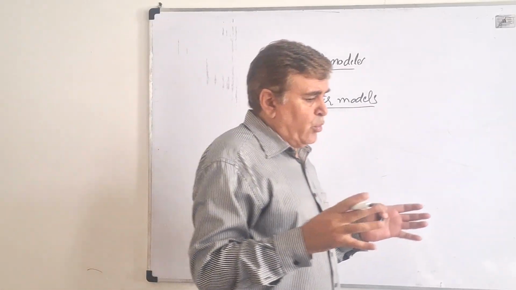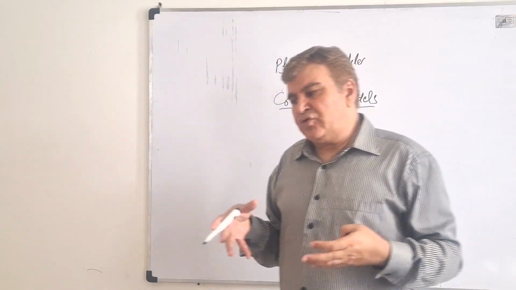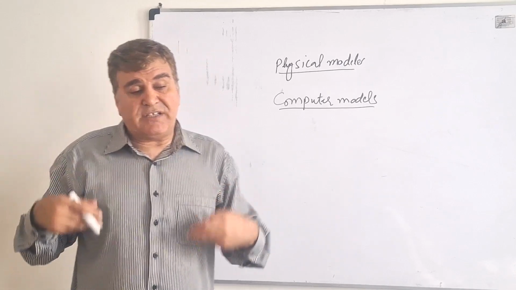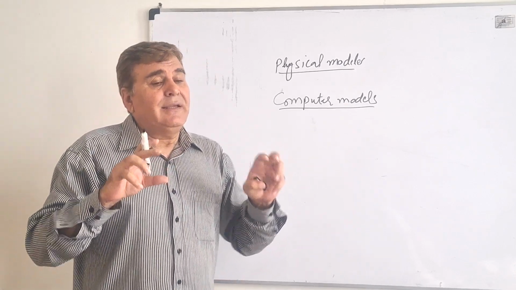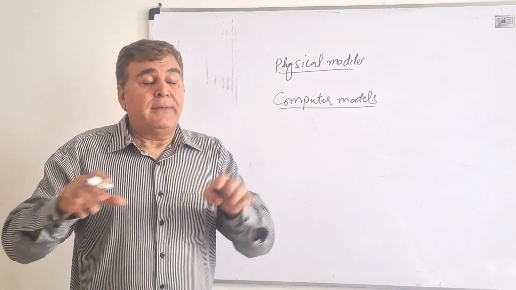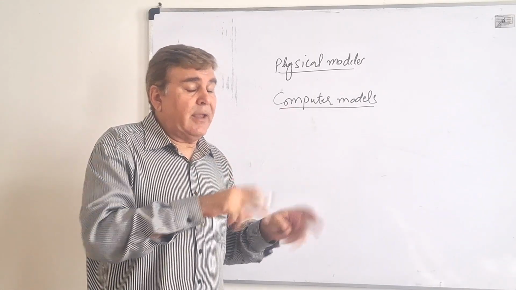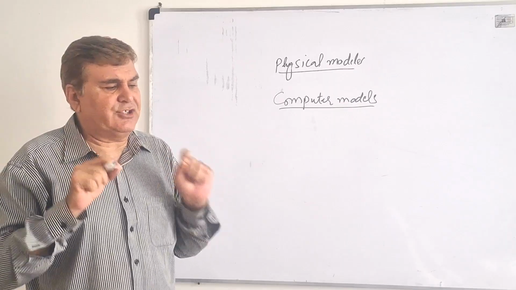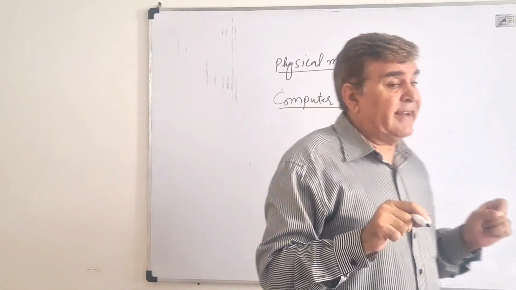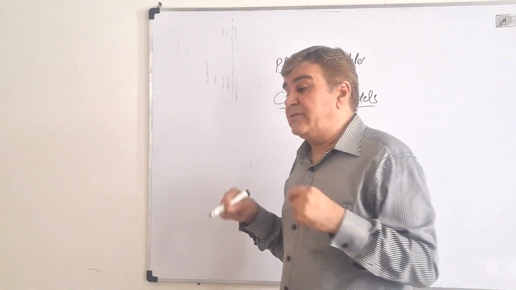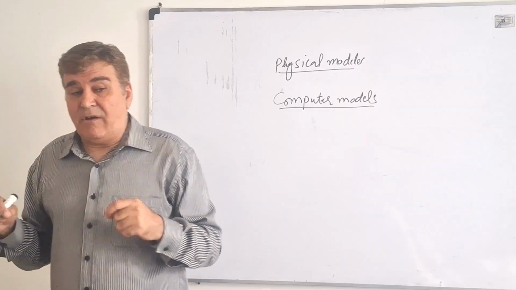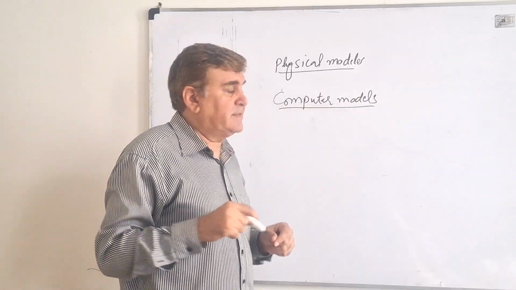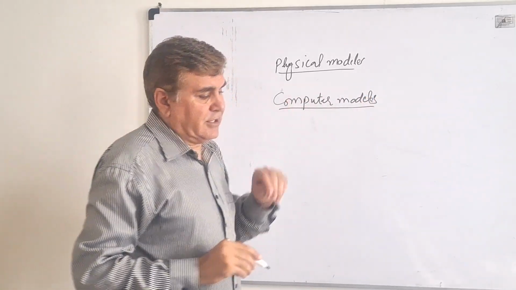For example, we model the human heart on a computer to study its different behaviors like the electrolytes, the beats, the circulation system. We visualize the human heart on the computer with the help of software in collaboration with hardware, but we cannot physically touch the heart. Such models that explain different behavior of certain events, of certain physical phenomena simulated on a computer are called computer models. They cannot be physically touched.